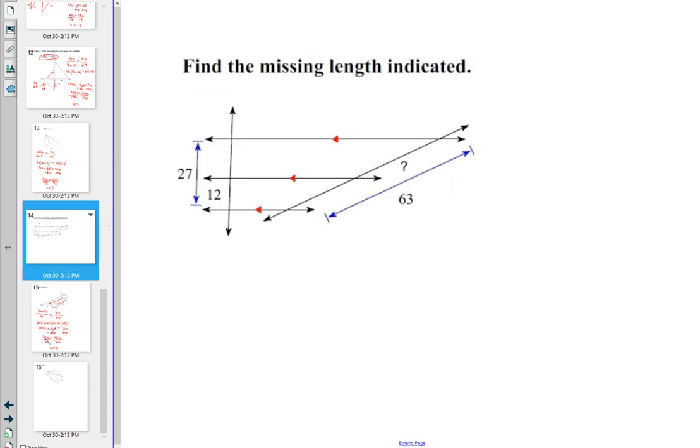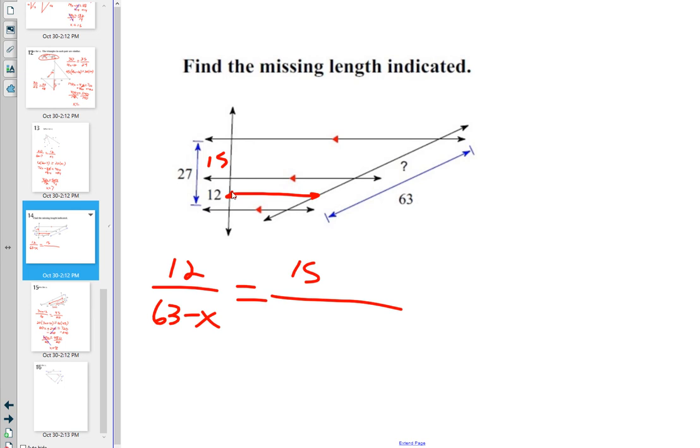Okay, find the missing length indicated. All right, let's use parallel proportionality theorem here. What can I compare? Kenny, you've gotten good at this. What can I compare the 12 to? Very good. 12, 15. Then this little piece here, that's 27 minus 12, it'd be 15. What can I compare that to?